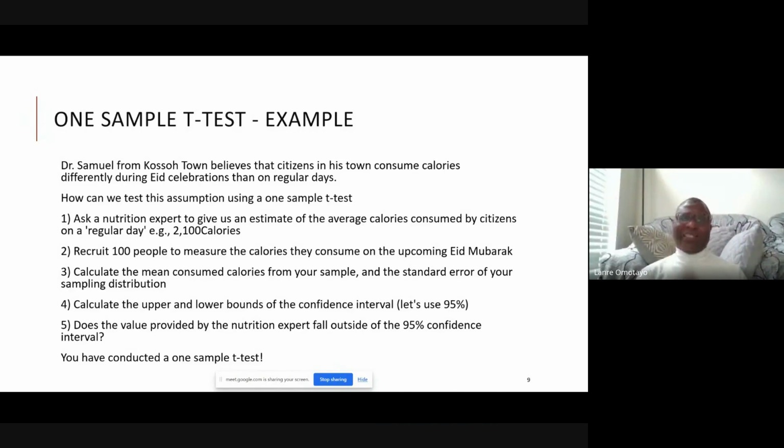How do we know that? We also look at the standard error and compute the confidence bounds.